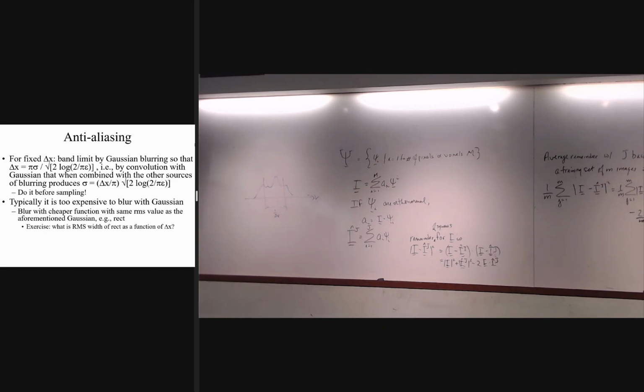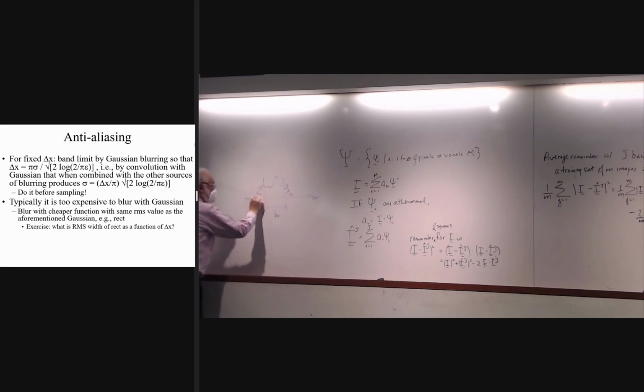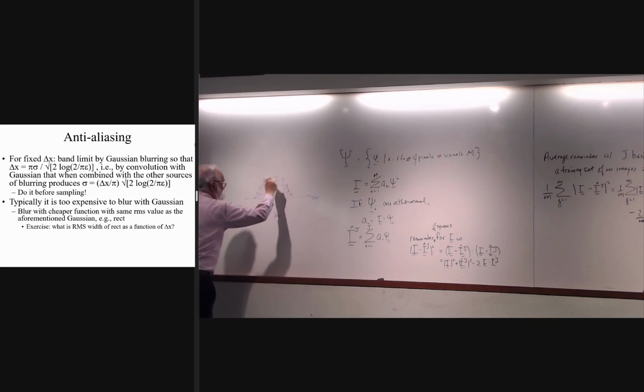You can try to damp that out by multiplying it by some further blurring function that is relatively high here and falls off like that.